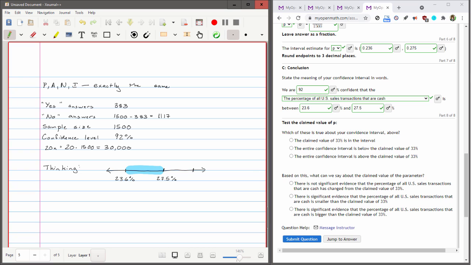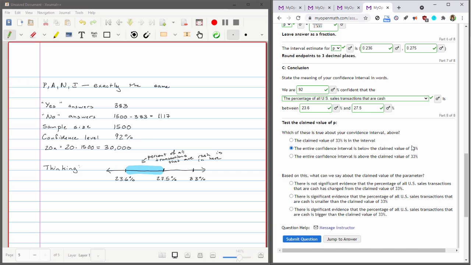And then over here somewhere is 33%. We're 92% confident that the percent of all transactions that are cash is in that interval somewhere. But that entire interval is less than 33. The entire confidence interval is below the claimed value of 33.